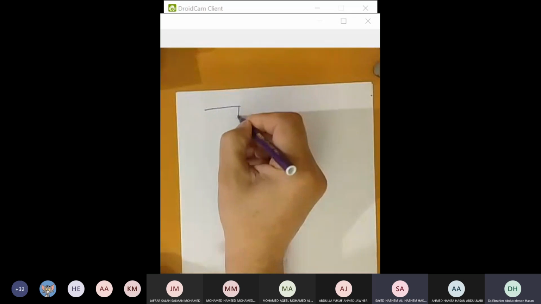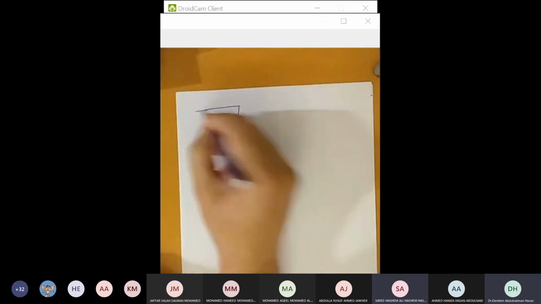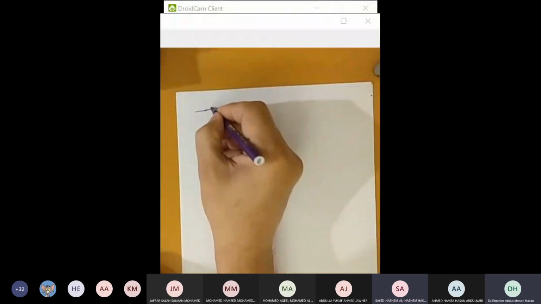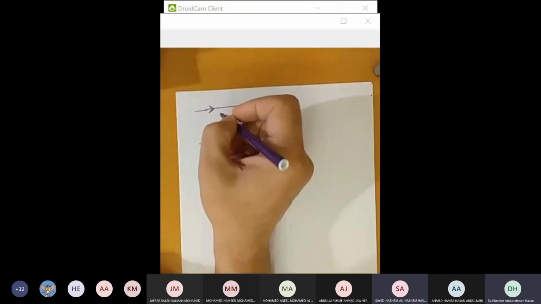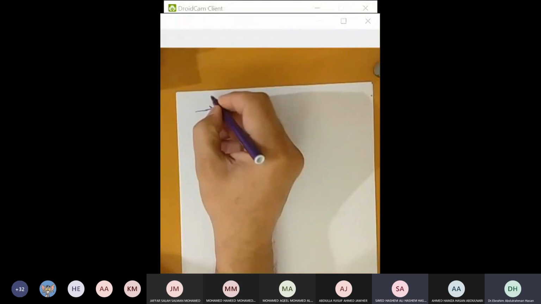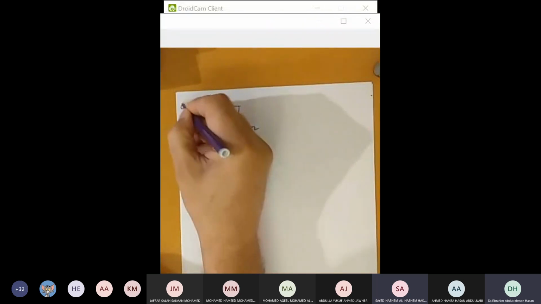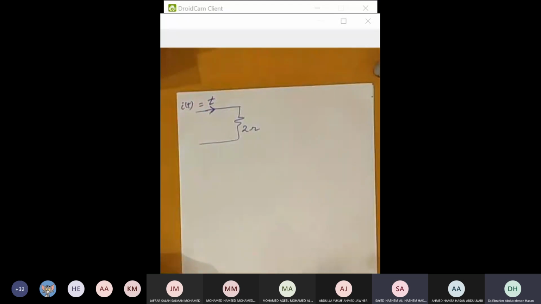يعني for example, if I say that R is equal to 2 ohm and the current, I of t, equal to t.